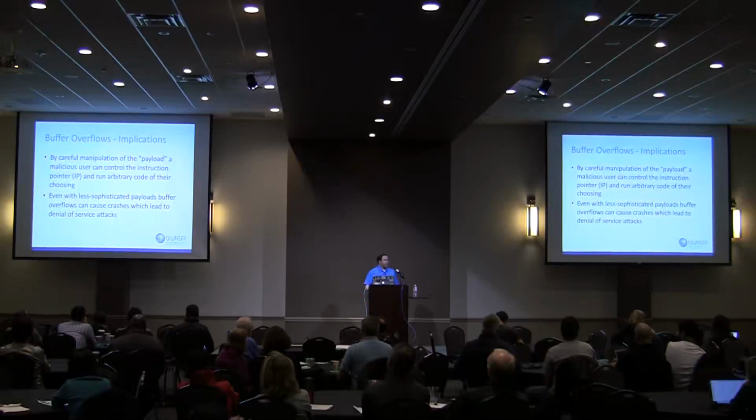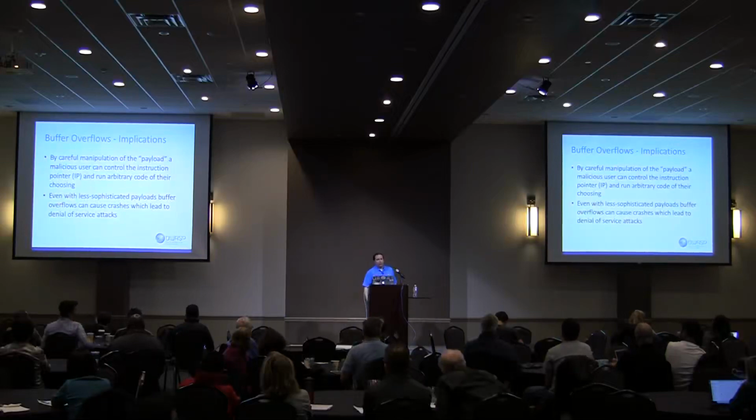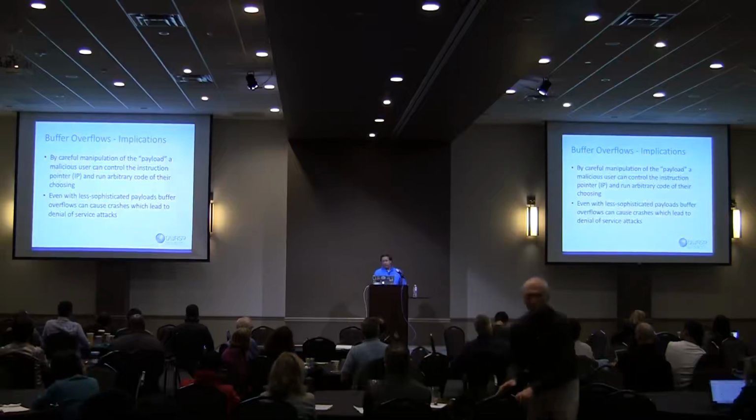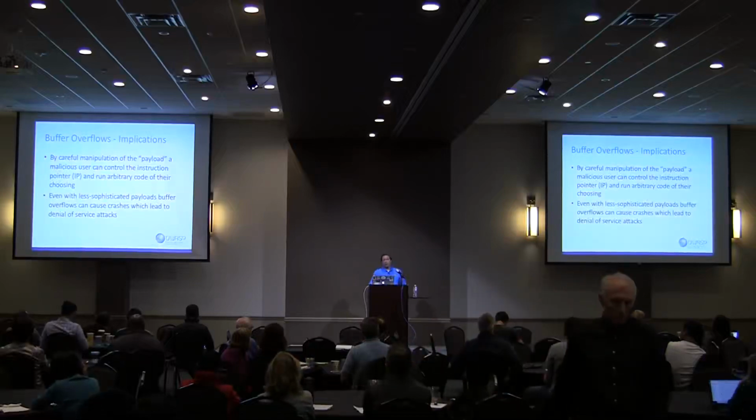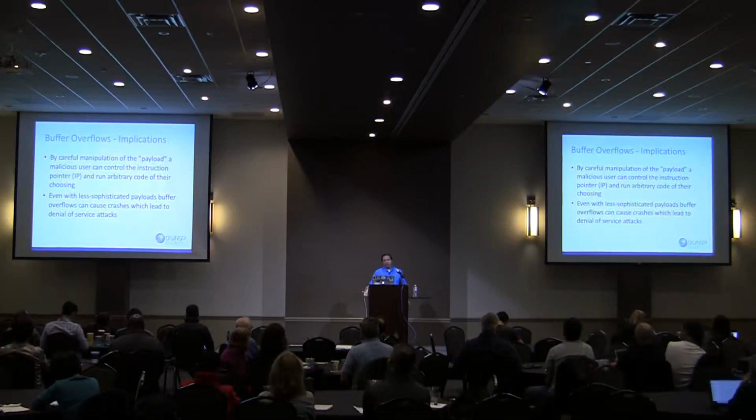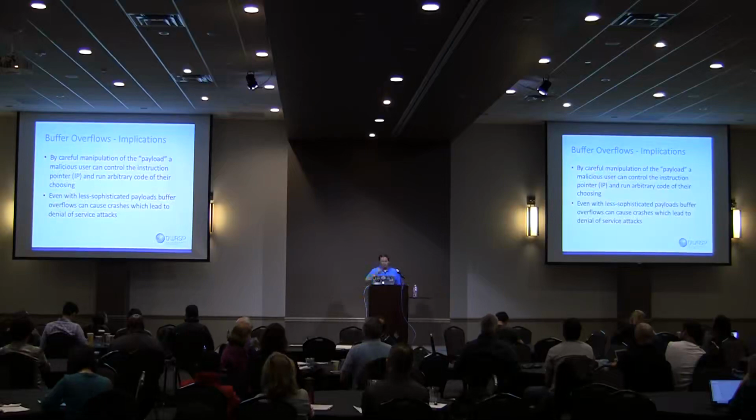And we talked earlier, one of the very first things I said is CIA, confidentiality, integrity, and availability. Well, denial of service is an attack on the availability of our application. And so if we have a buffer overflow, even if we can't get it to run our own commands, if we can cause that system to crash, it's a win, at least from the attacker standpoint. From our standpoint as defenders, it's a big help.